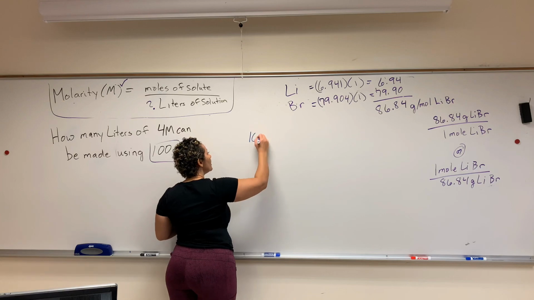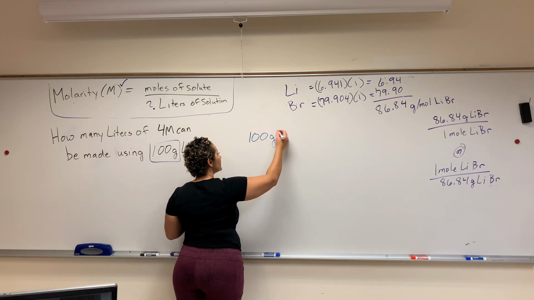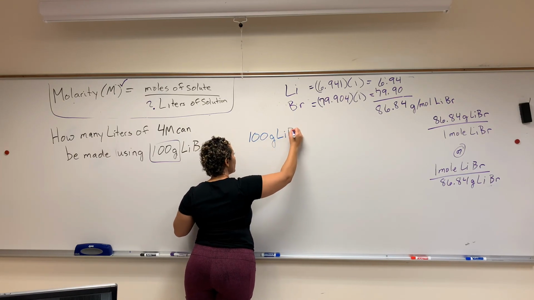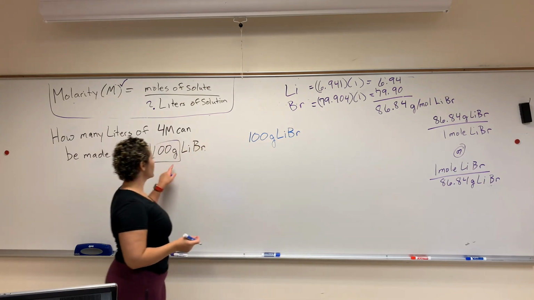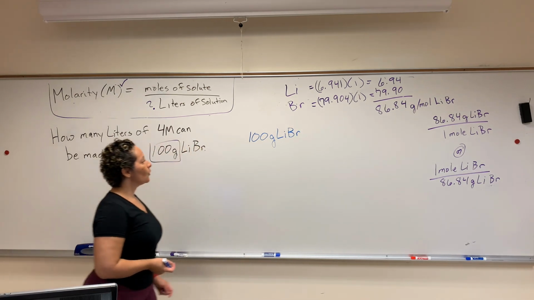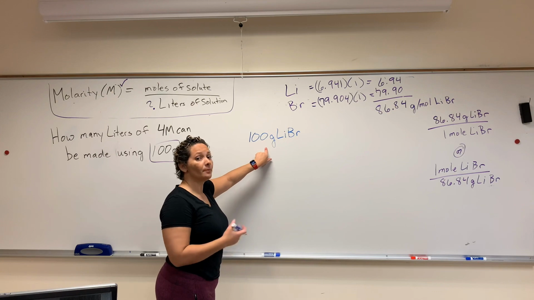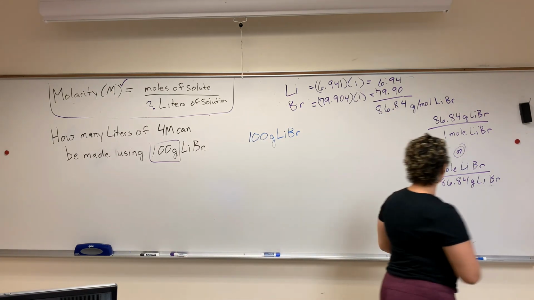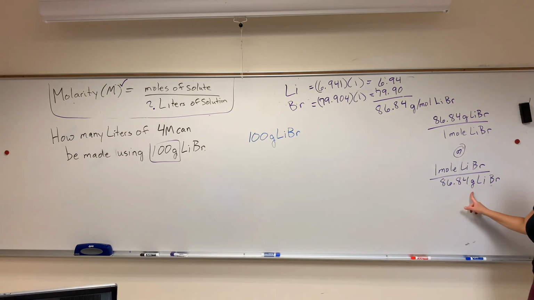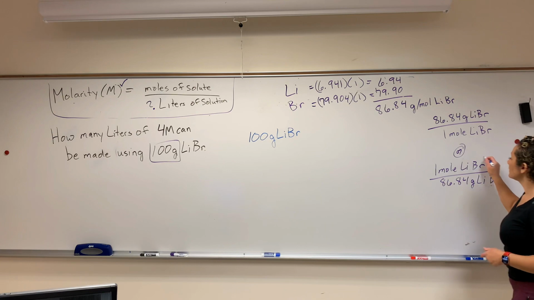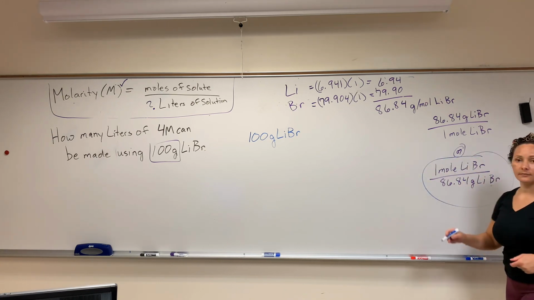So we have 100 grams LiBr. It says it right there, okay? We want to change grams to moles. So grams needs to be on the bottom, right? Gotta cancel it. Moles needs to be on the top, because that's what we're looking to get to. So this one is the one that we're gonna be using.